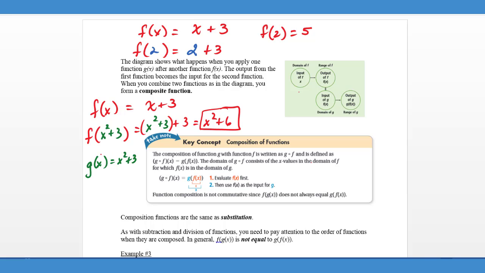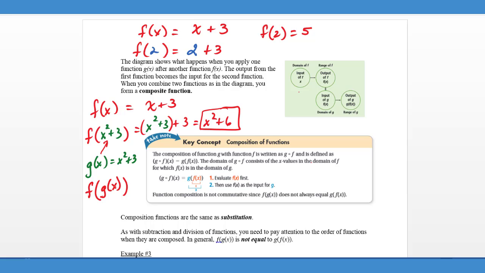So basically what we said here is we put g of x into f of x. The way we write that is the x part of f of x was replaced with g of x.